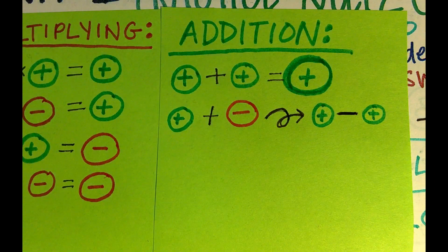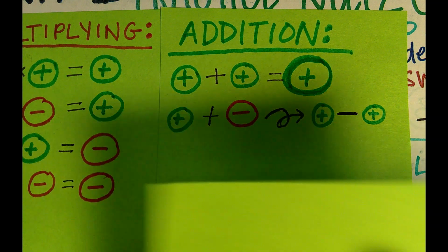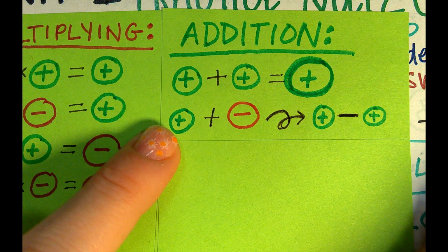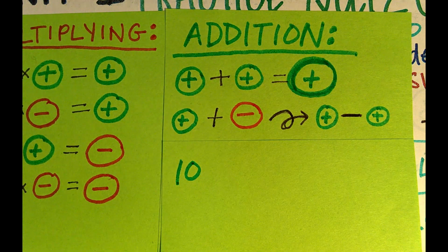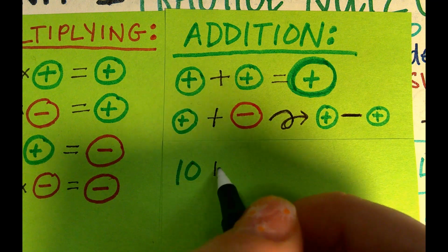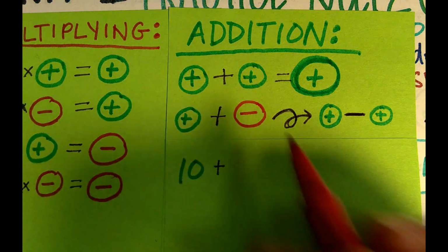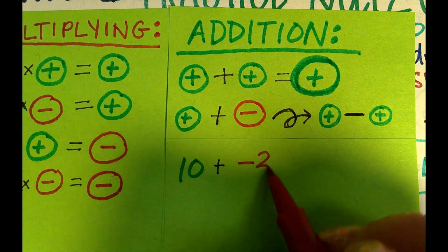For example, that would be like 10 plus -3.